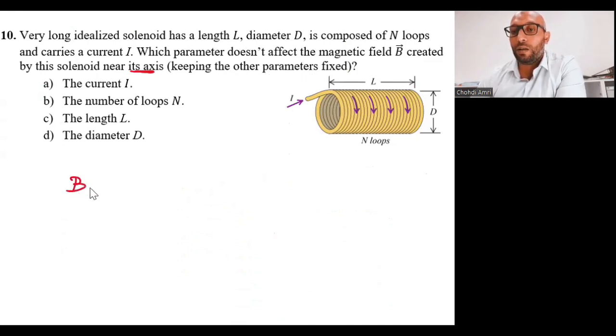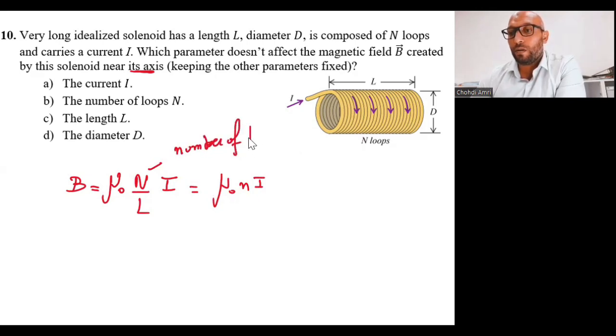As you know, the magnetic field produced by a solenoid is equal to mu naught, the number of turns divided by the length, multiplied by the current. Or we can say mu naught small n I. This is the number of turns, this is the length, and this is the current.